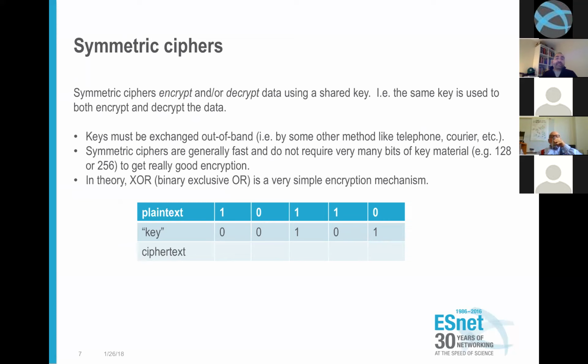So one way we can actually do a symmetric encryption is to simply use an exclusive OR, a binary exclusive OR. I point out what an exclusive OR is because it's used a lot. I mean, if you program, you probably use exclusive OR quite a bit.